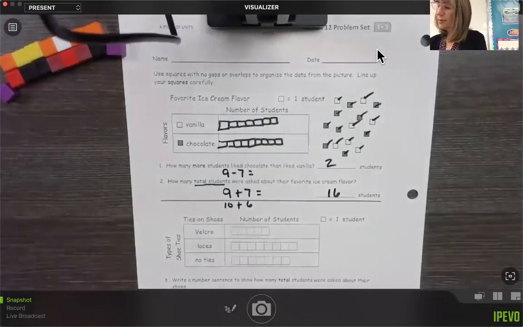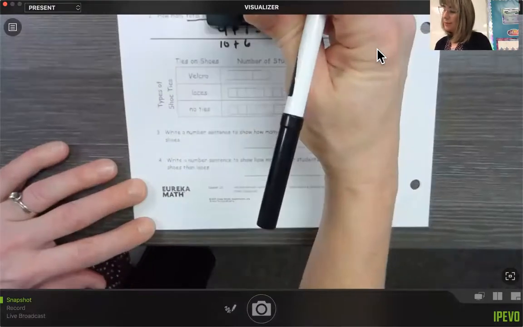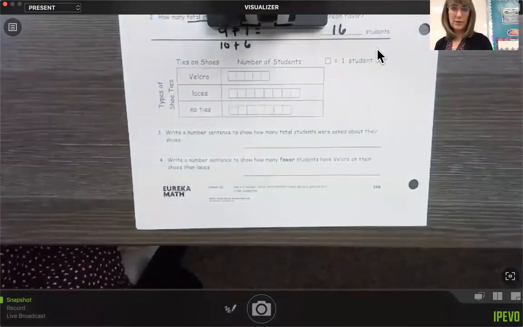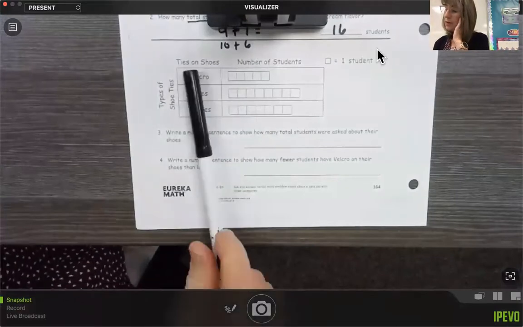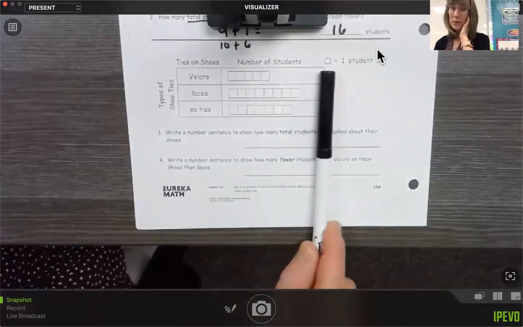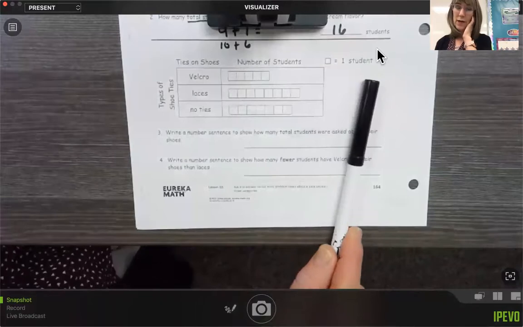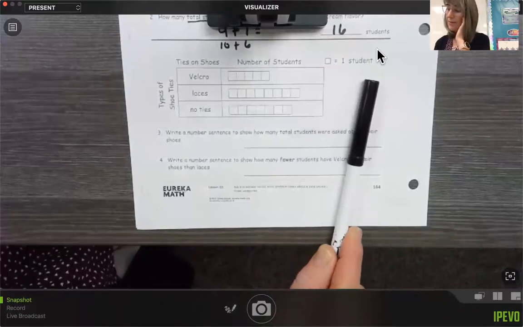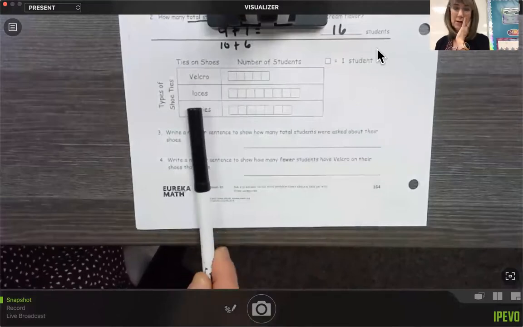Let's go on to the next one, number 3 here. Okay, this time they made the boxes for us, which is very nice. We have tie-on shoes, number of students, and a box equals 1 student. So the different kinds of shoes they have: some people have Velcro, some people have laces, and some people have no ties.